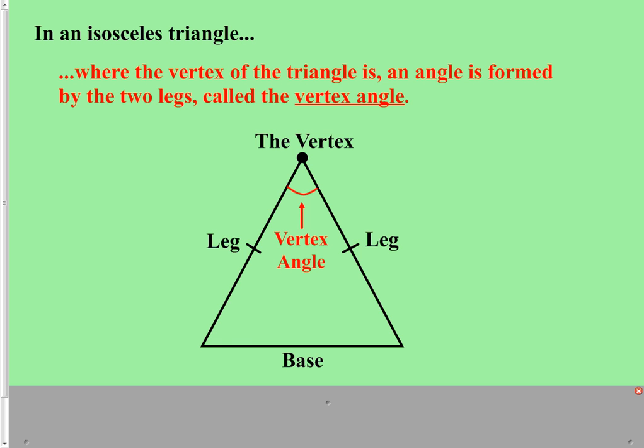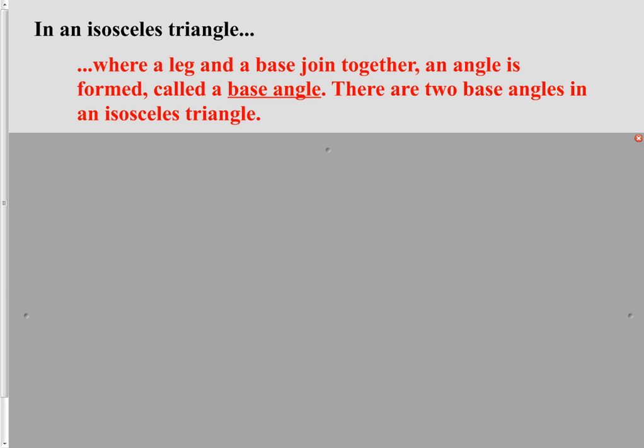Okay, moving on. In an isosceles triangle, where a leg and a base join together, another angle is formed. The angles that connect the legs to the base are called base angles. And of course, there are two angles that connect legs to the base.